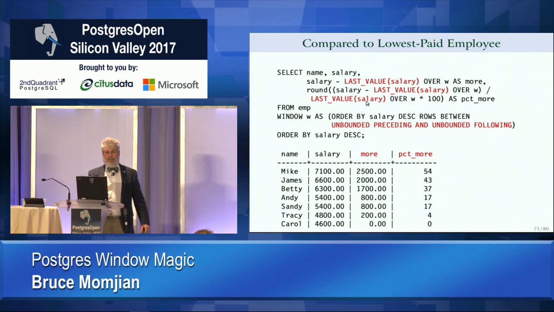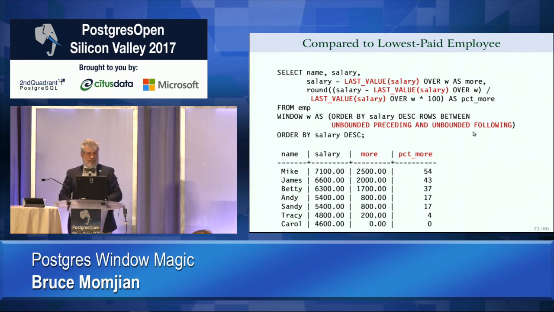Because remember, I've defined my window function here as W, ordered by salary descending between unbounded preceding and unbounded following. So I can see I have my whole data set, ordered by salary descending. I'm saying take the current salary and subtract it from the last salary and divide it. I'm sorry, that's what this column does. This is telling me how much more they are making than the least compensated employee. And this is giving me the percentage they're making of the least salaried employee. Okay?